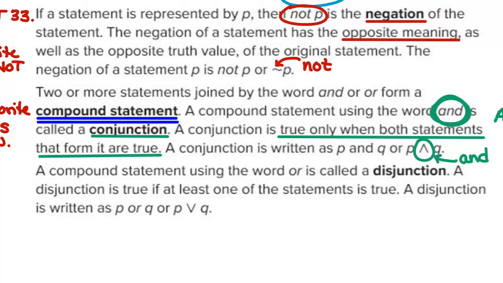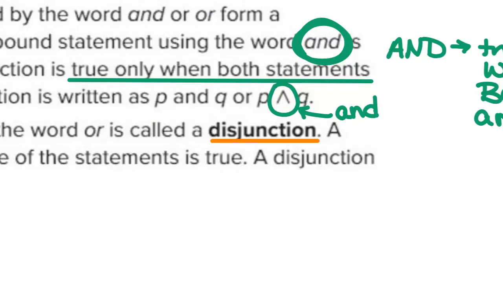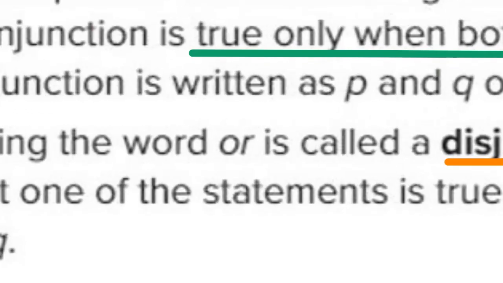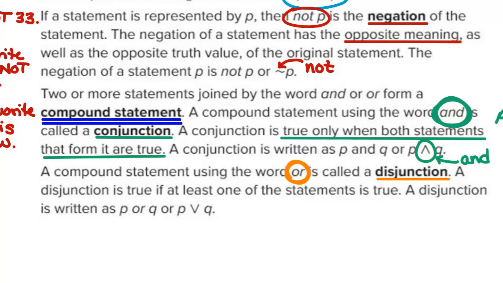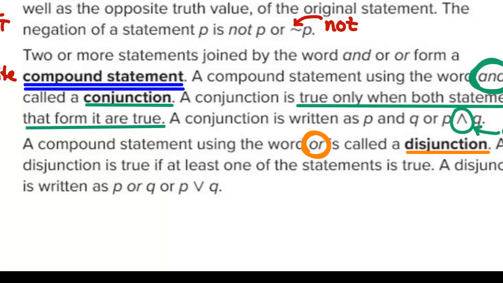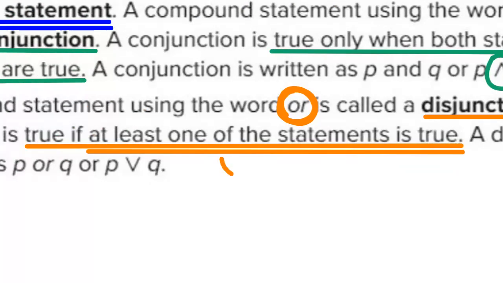The other kind of compound statement we have is called a disjunction. This is when we put two statements together with the word or. This is true if at least one statement is true. So only one has to be true.